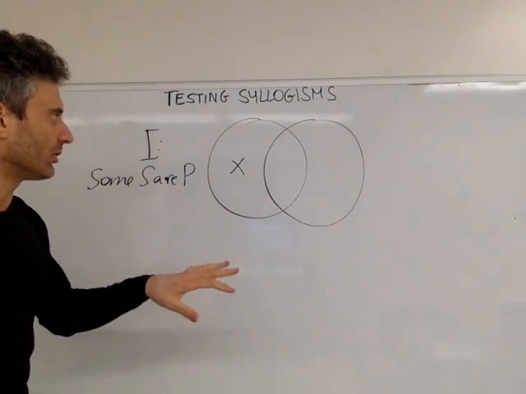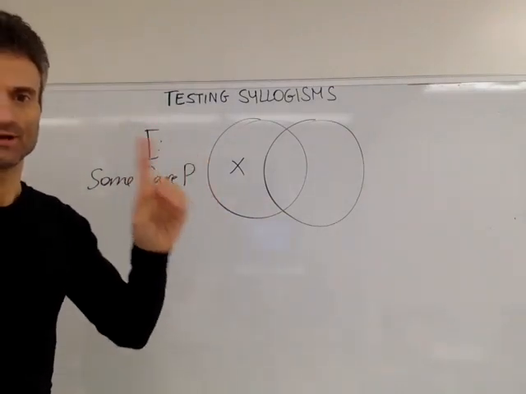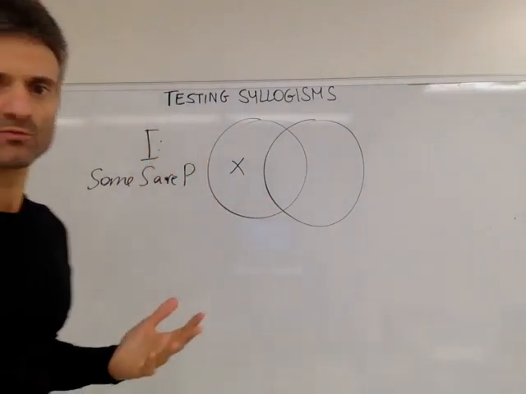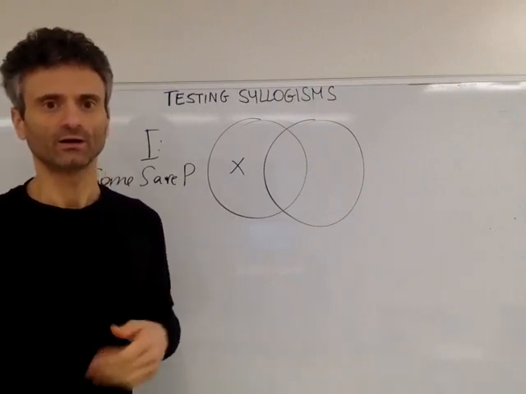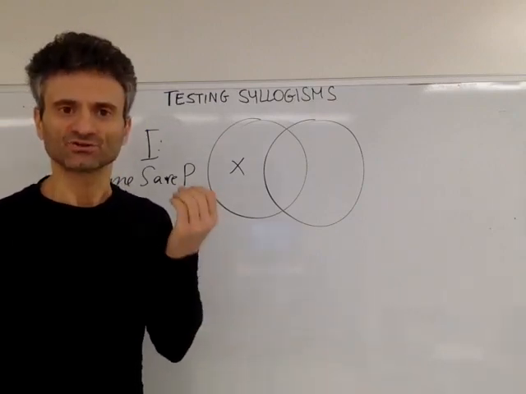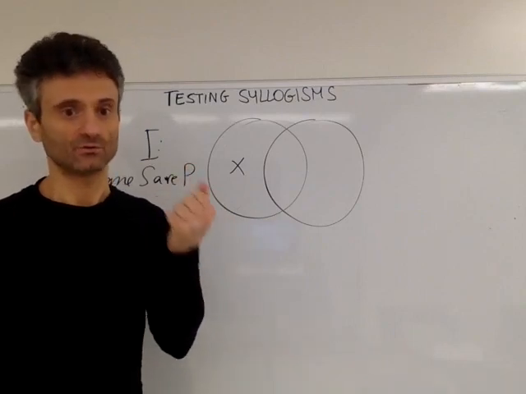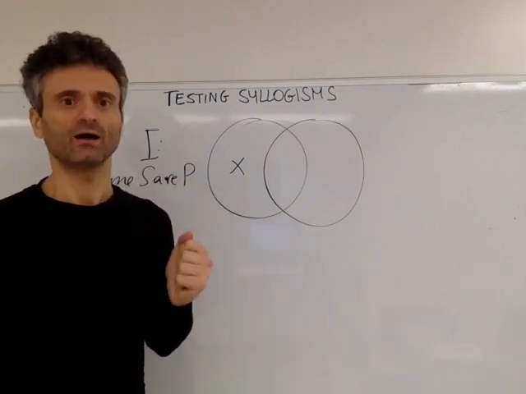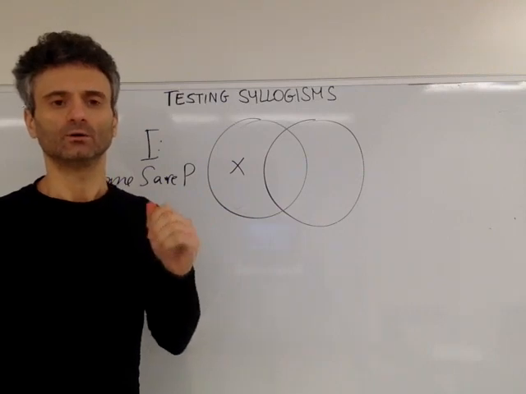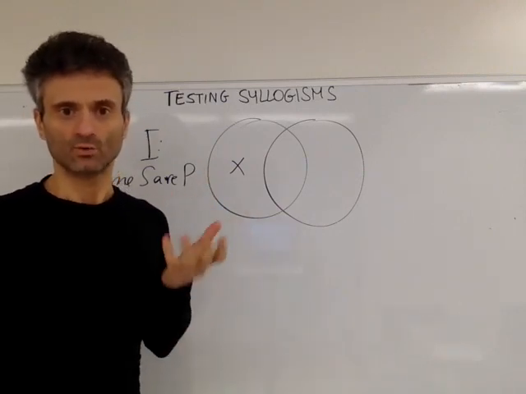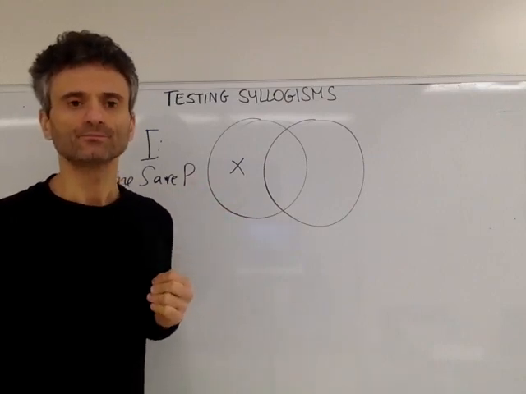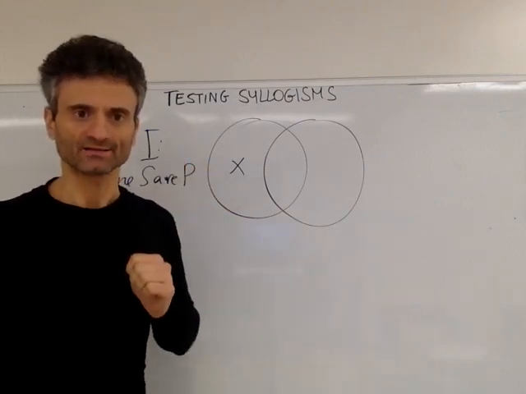For I and O, which are particular, we use an X, because in both particular statements, I and O require some members. And you recall in logic, we express the 'some', which means at least one, by using an X.